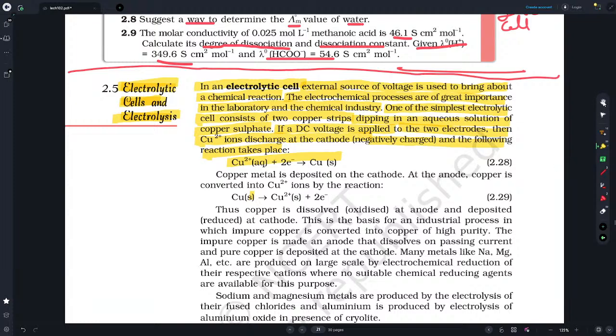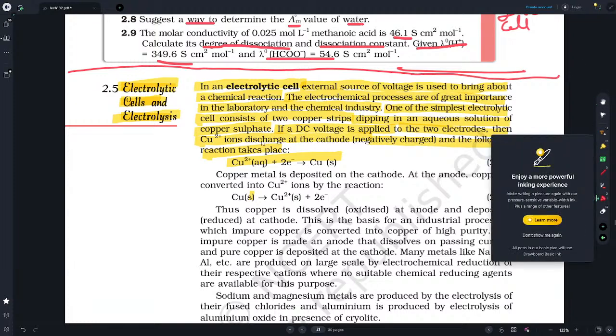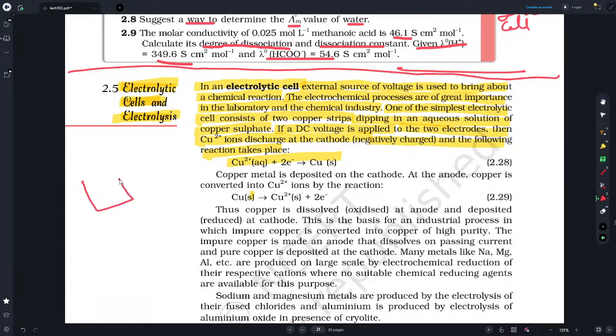Basically, if we take a solution of copper sulfate, CuSO4, and take two electrodes, an anode, which is positively charged, and a cathode, which is negatively charged, we take an impure solution of copper sulfate and connect it to a battery.